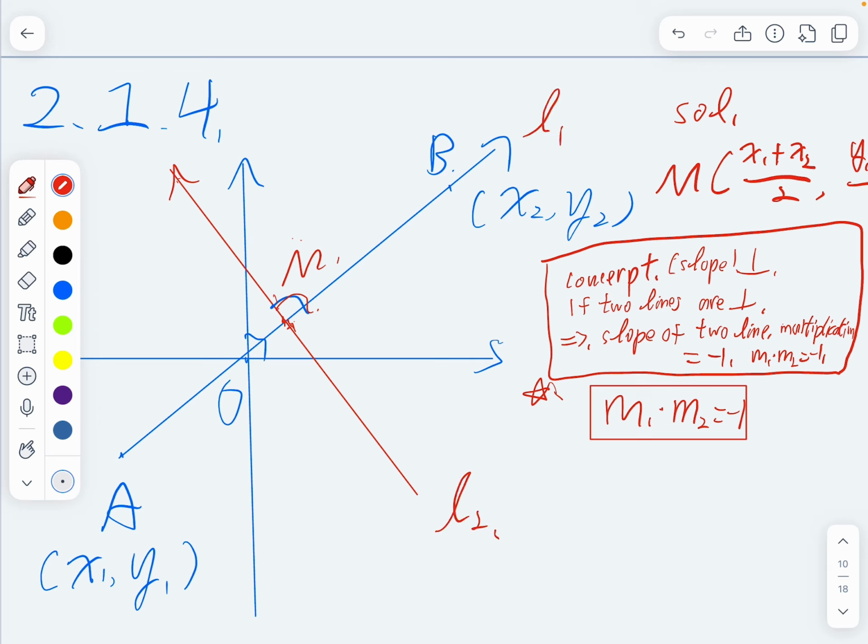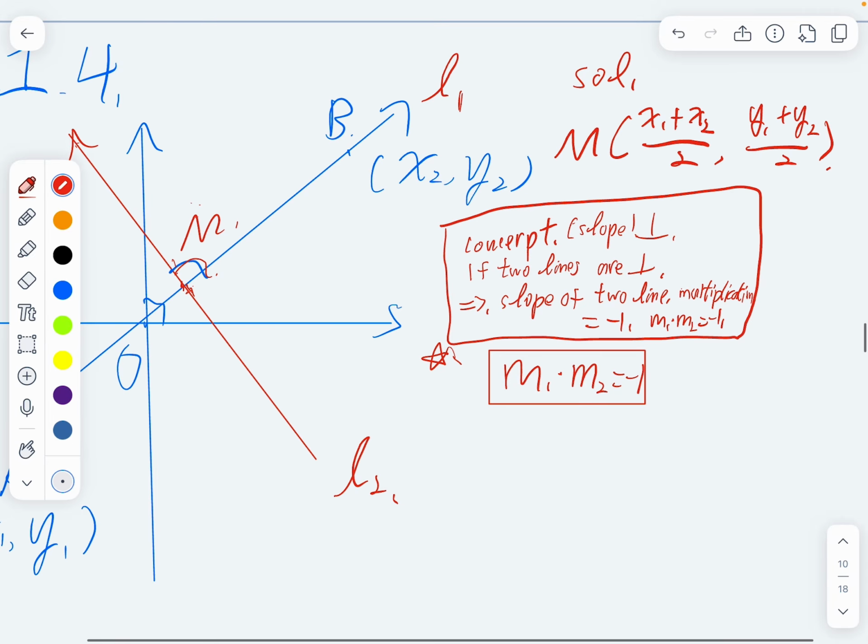The slope of line 1 and the slope of line 2, if we multiply them together, are equal to negative 1.